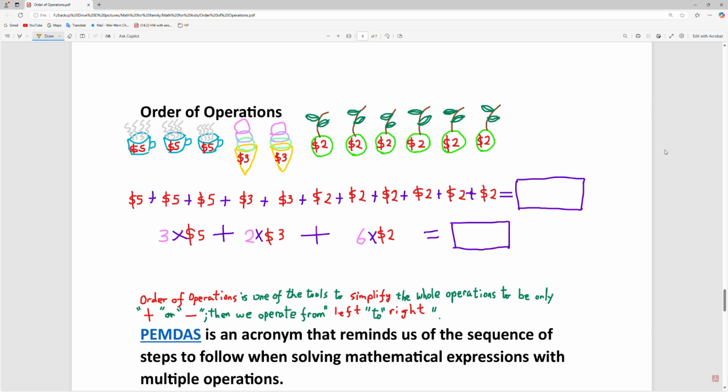However, when the test is not a word problem, the test is a bunch of operations like this. How do you pay? And many students will have a lot of trouble getting the answer correct.